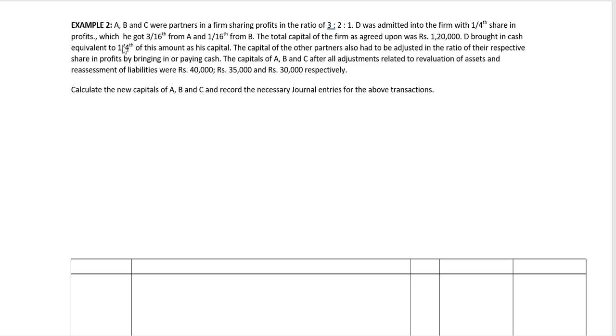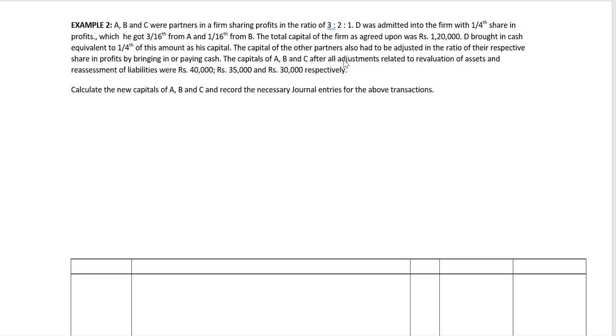Second example. A, B and C were partners in a firm sharing profits in the ratio of 3:2:1. D was admitted into the firm with 1/4 share in the profits, which he got 3/16 from A and 1/16 from B. The total capital of the firm as agreed upon was rupees 1,20,000. D brought in cash equivalent to 1/4 of this amount as his capital.